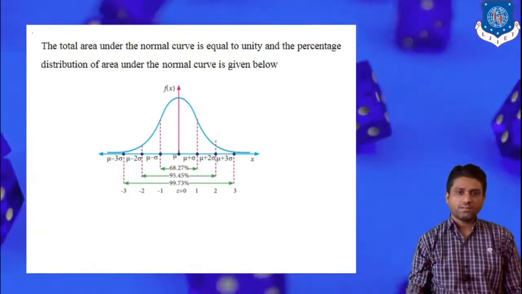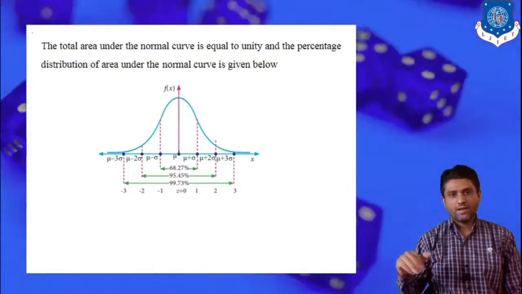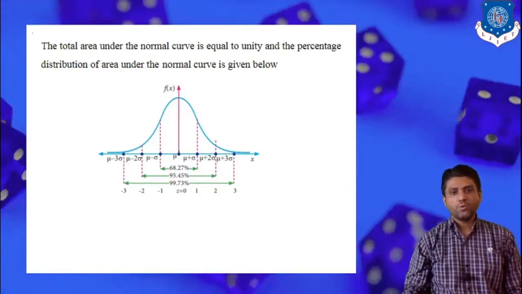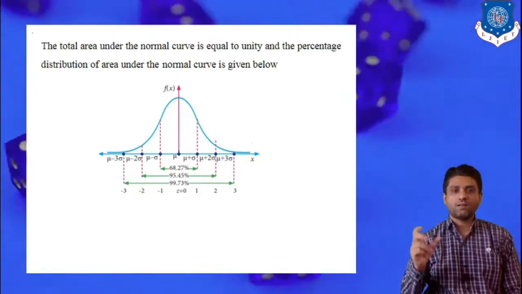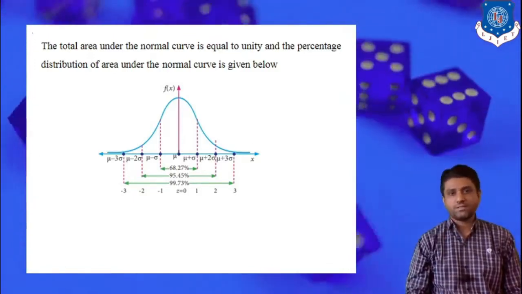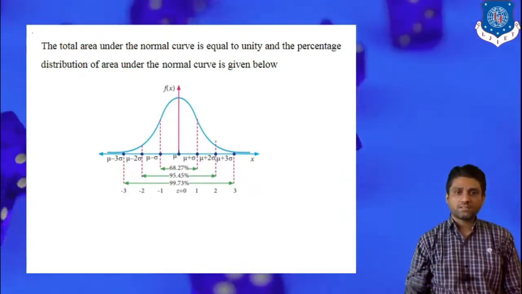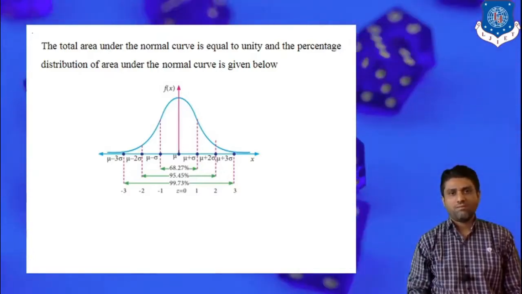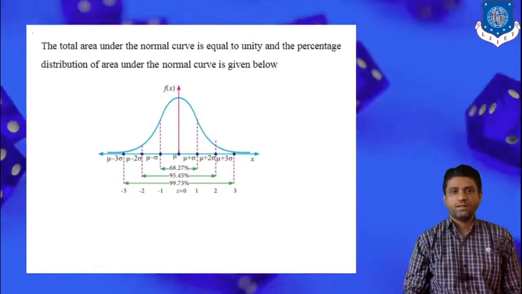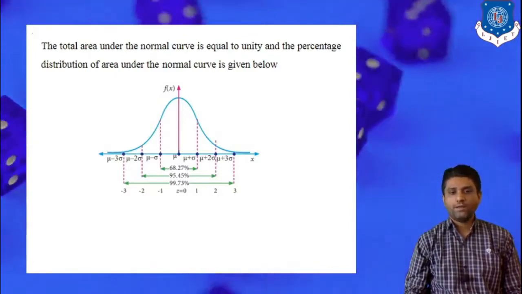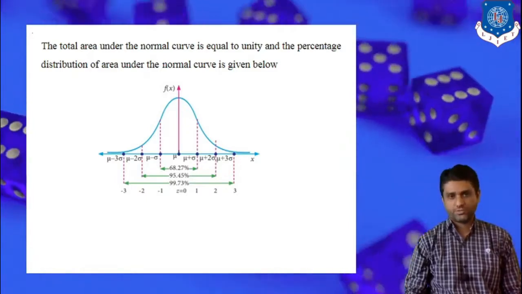Then we consider some more interval on the left as well as the right-hand side, that is mu minus 2 sigma to mu plus 2 sigma, which covers approximately 95% of the area of the Z distribution. Now the last, the widest interval, mu minus 3 sigma to mu plus 3 sigma, covers approximately 0.99, that is 99% of the area of the Z distribution.